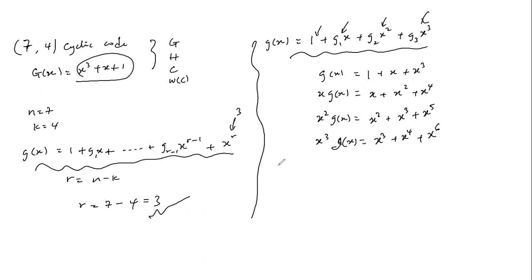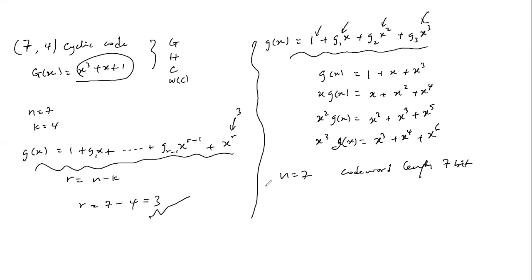So for an (n, k) cyclic code, n is the encoded block of n bits and k is the message bits. So since n is 7, the code word length will be 7.